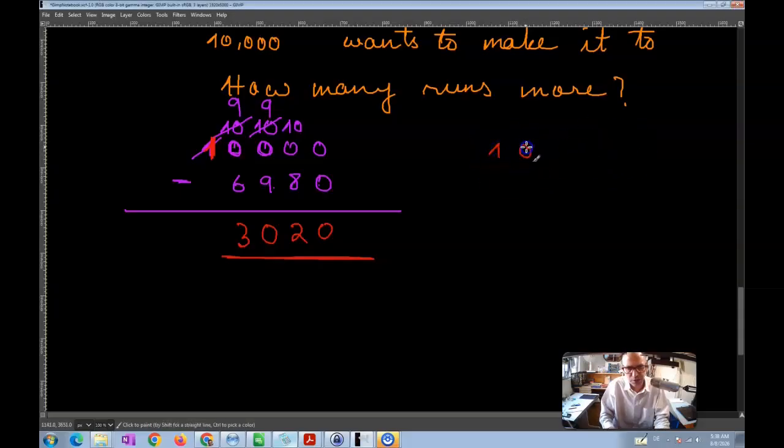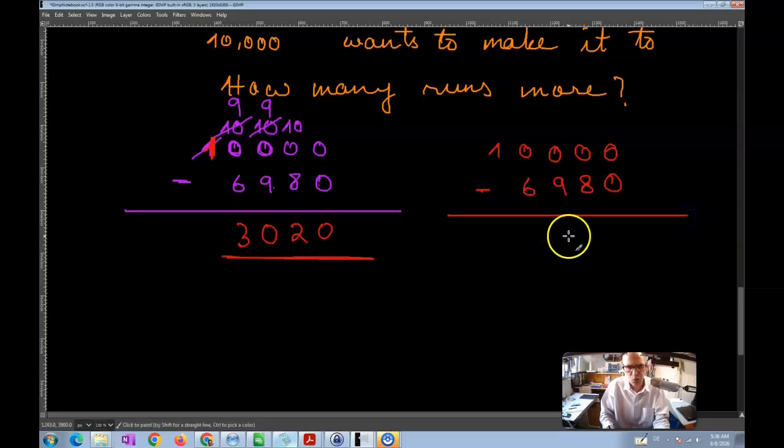So I have essentially 10,000 over here, and I want to subtract from that 6,980. So then again, I need to borrow from here, and so from the 1 I borrow a 1, so I get a 0 over here, and then the 1, when it comes to the next place value, becomes a 10, right?